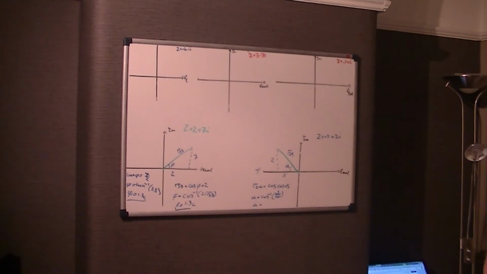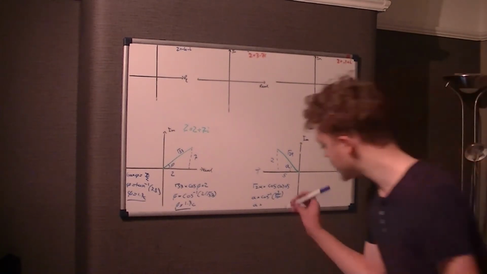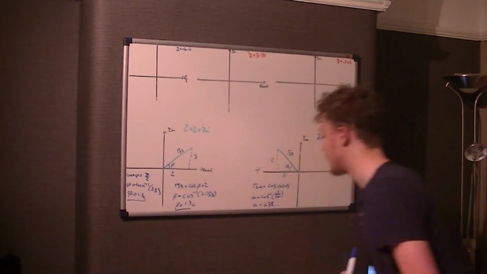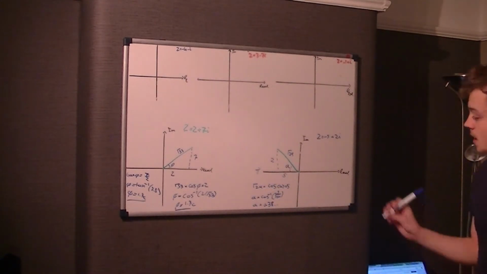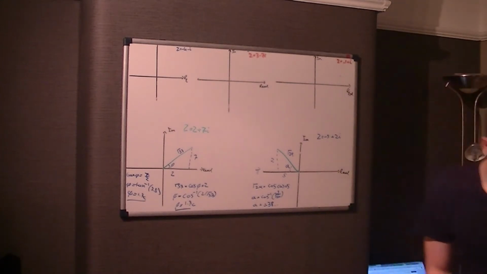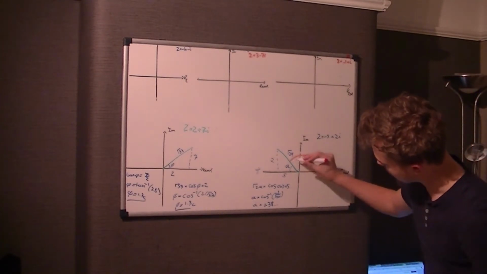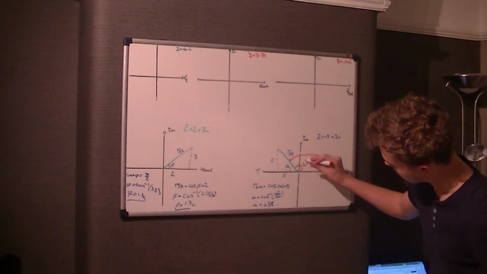you get 0.38 and so on. I'd leave that in your calculator as an answer, but remember the angle we actually want is starting from the real axis and it goes over there, so we want that angle, or this theta.